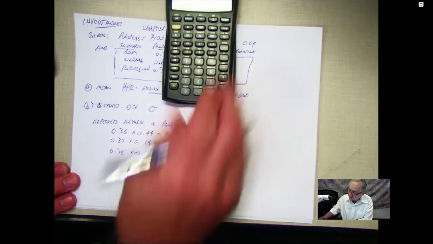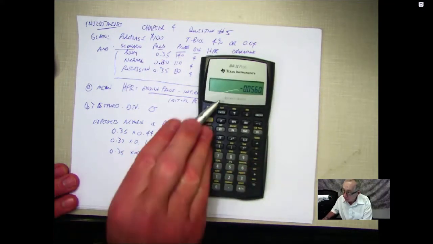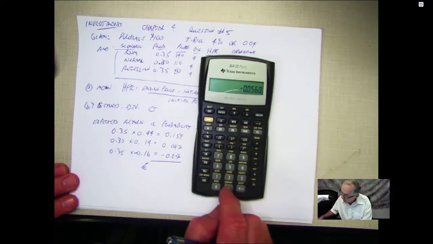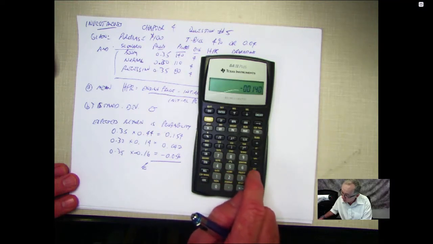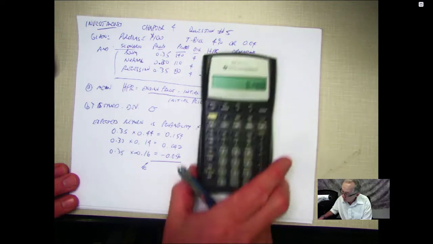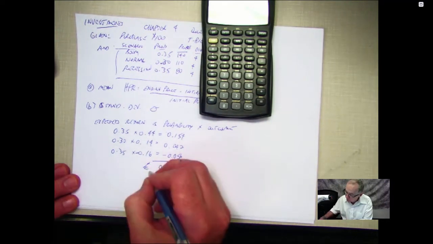The sum of this then is our expected return across all these probabilities. So leaving that in our calculator, minus 0.056, add 0.042 and add 0.154 gives us an expected return of 14%.